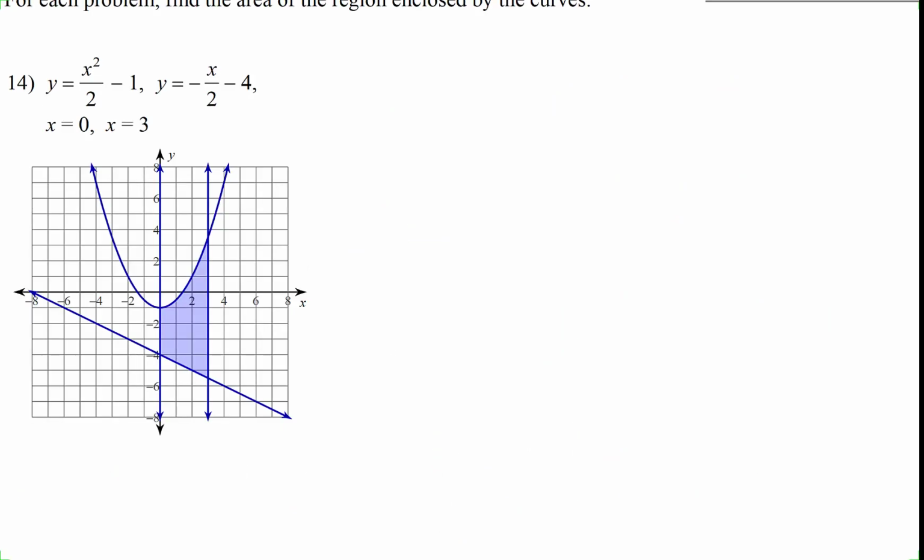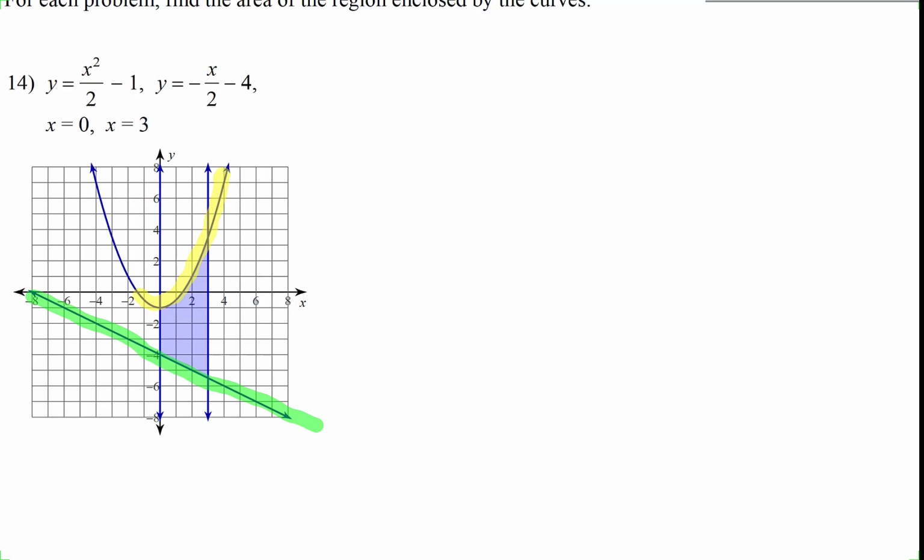Okay, we need to find the area enclosed by those two functions. Well, look at what the upper function is. It's the area under the x squared over 2 subtract 1, subtract the area under this right here, and that's this function. So we want that area right in through there.